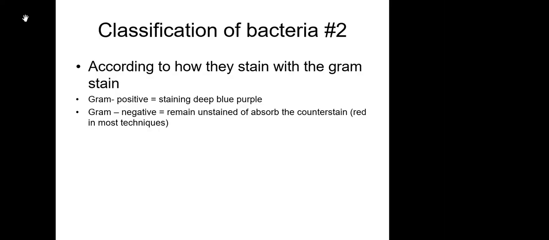The second type of classification is how they stain. Your gram-positive bacteria are going to stain a deep purpley blue color. Your gram-negative bacteria are going to stain red in most techniques.